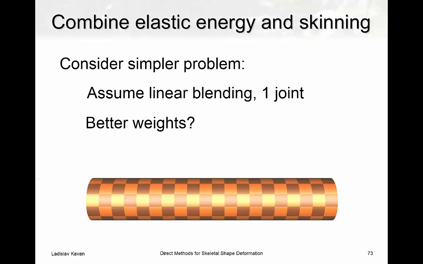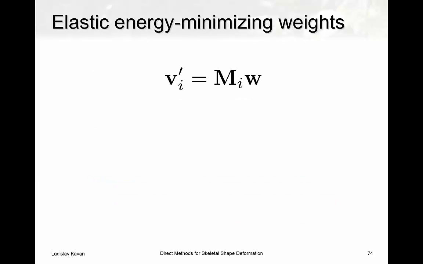You can still be changing the weights, right? They will not tell you you must use these weights. You can choose whatever weights you want, because what numbers are there for the weights will not affect performance. So what you could do, and that was my first idea, was, well, why don't we try to find the weights such that after we use them in skinning, we get minimal corotated elastic energy over a range of poses.